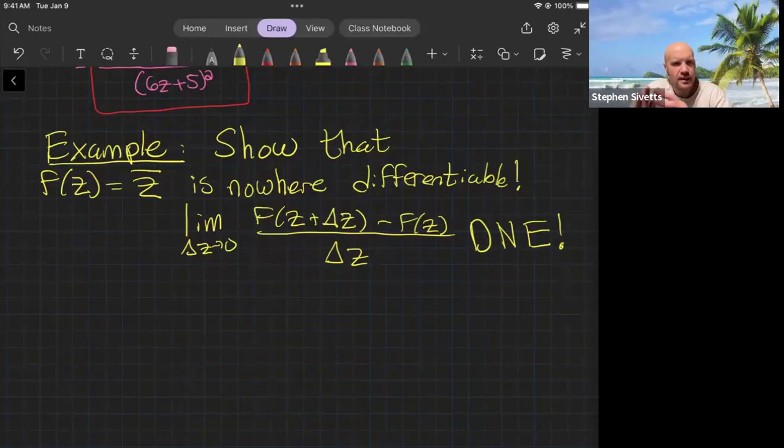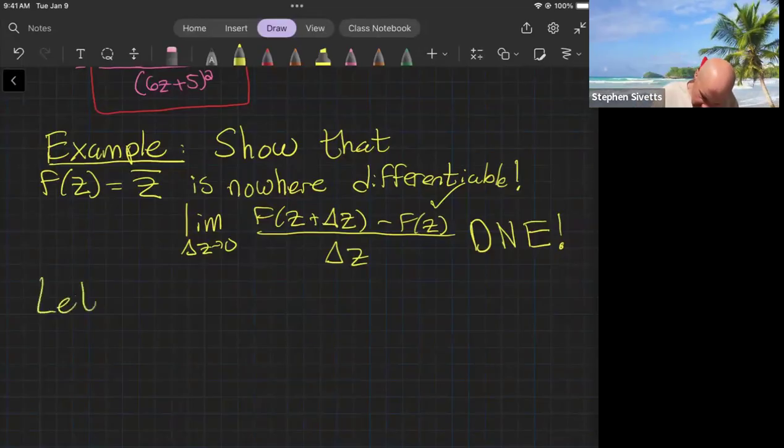Okay. I guess you've looked at this for a few minutes. In order to show that a limit does not exist in the complex plane, we would choose two paths, okay? And we would show that the limit of this quantity here does not exist, so they reach two different values, right?